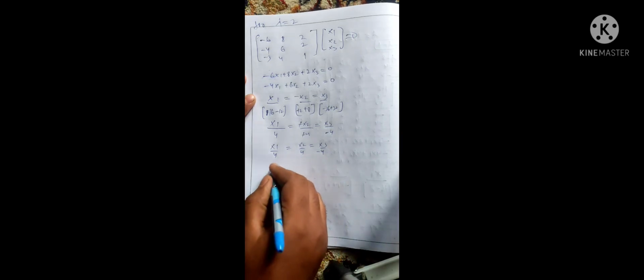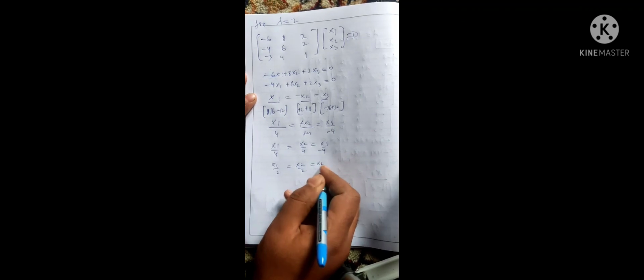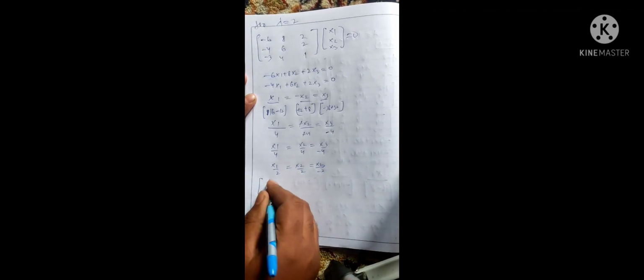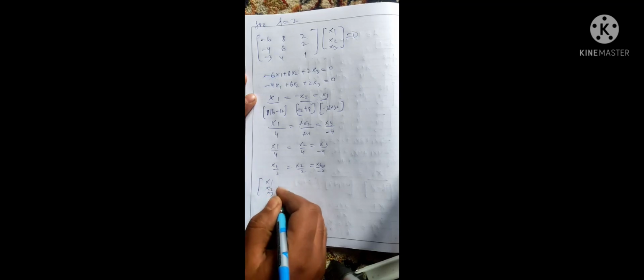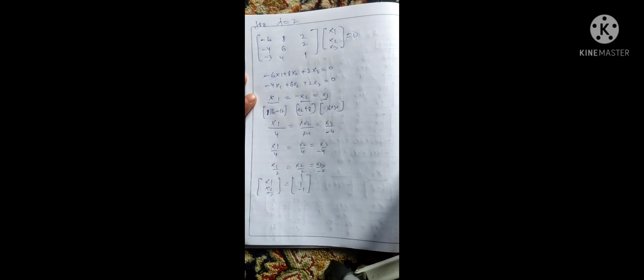You can take 4 as common, so our eigenvector is 1, 1, minus 1. I hope this is clear. This was quite easy.